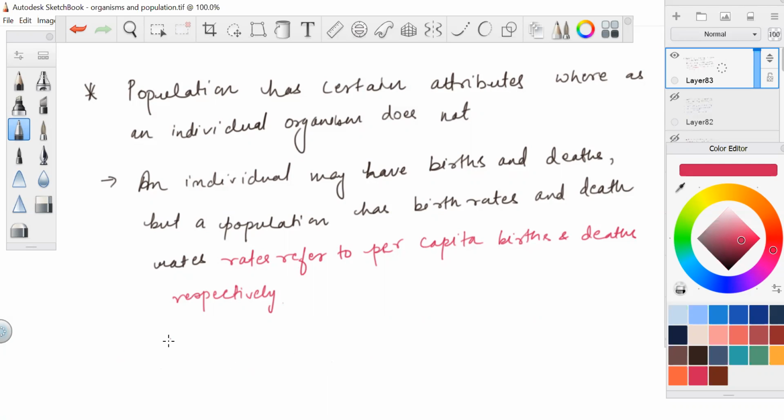So these are basically the attributes of a population.